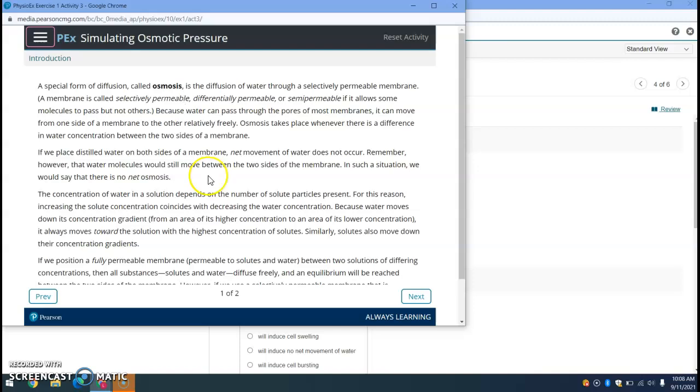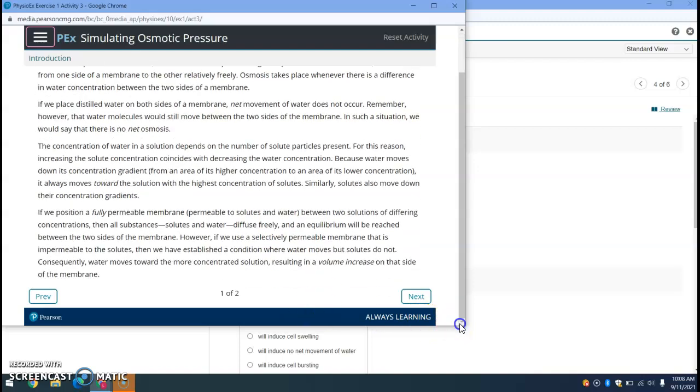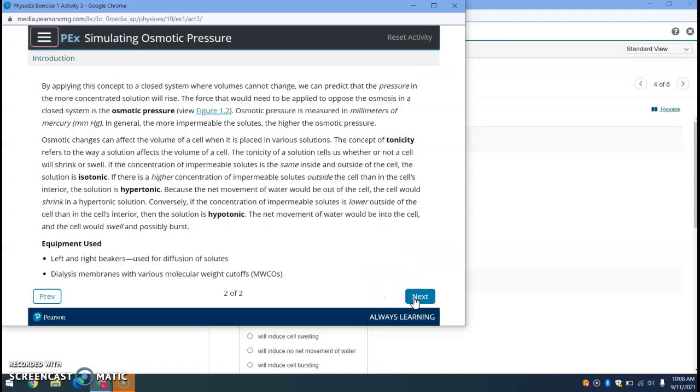What I use to help me remember about osmosis is that water is going to move toward the higher concentration of solutes. I always learned in anatomy and physiology, and I always teach this, that water follows salt. Although the truth is water follows solute.